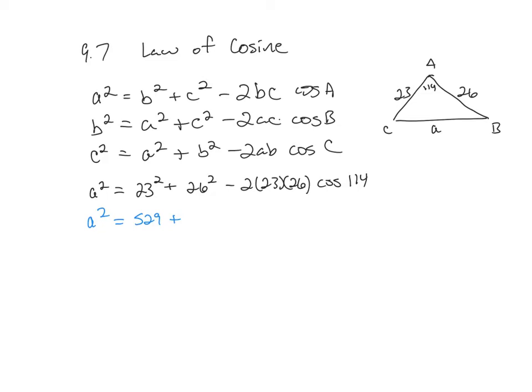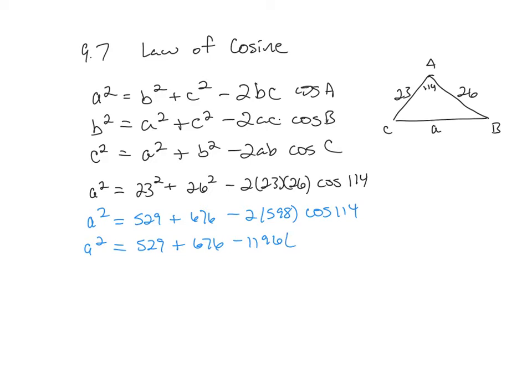26 squared is 676. 23 times 26 is 598. I'm doing some things in multiple steps here, but multiply 598 times 2, and we get minus 1196.